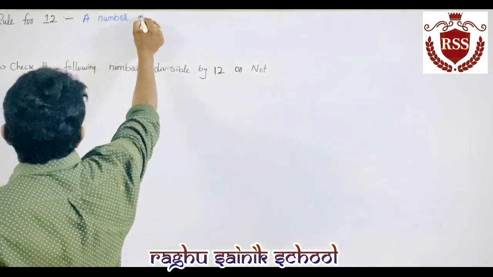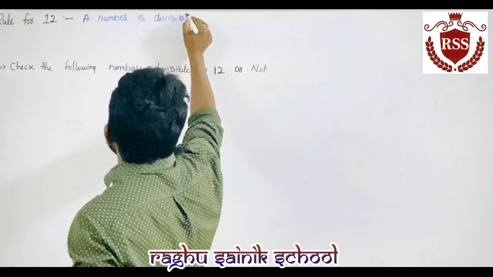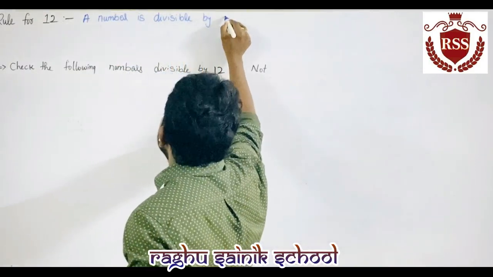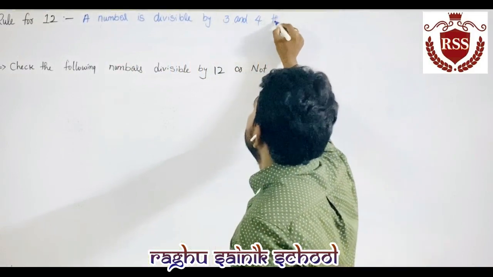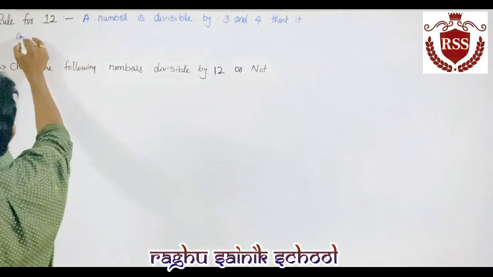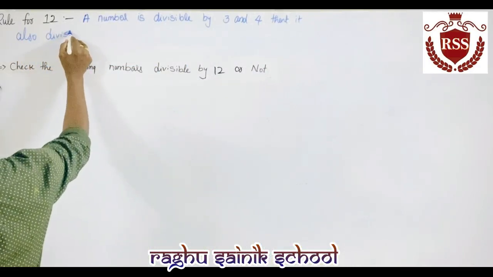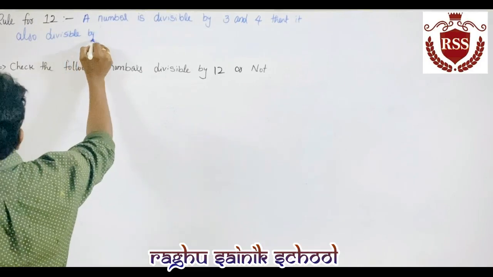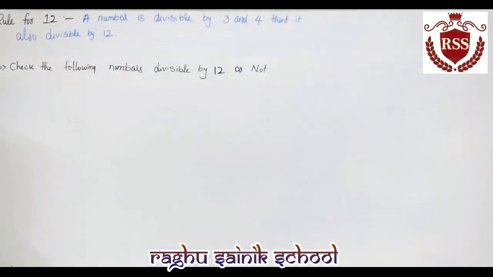A number that is divisible by 3 and 4 is also divisible by 12. Let's see an example.